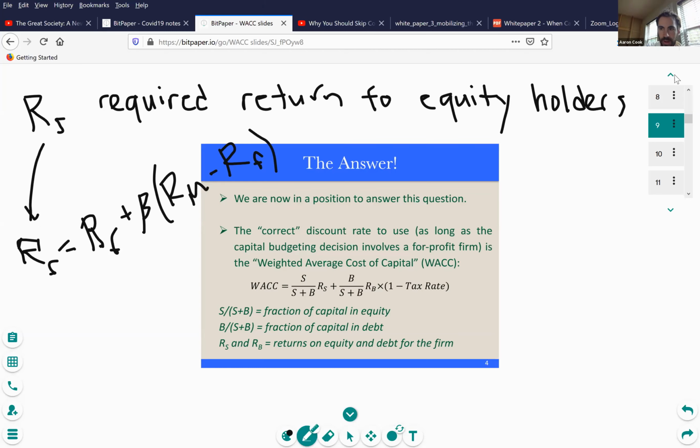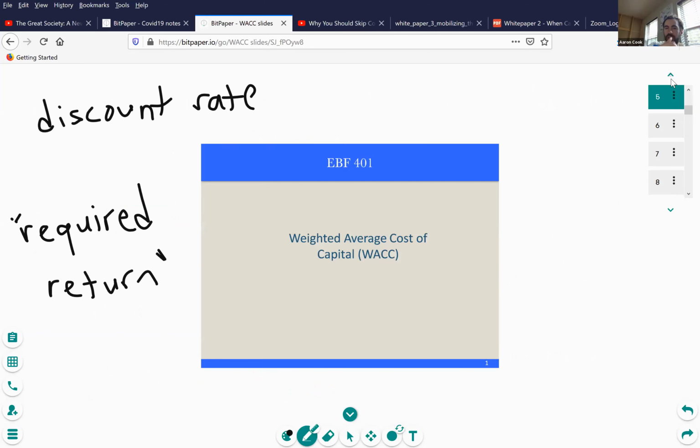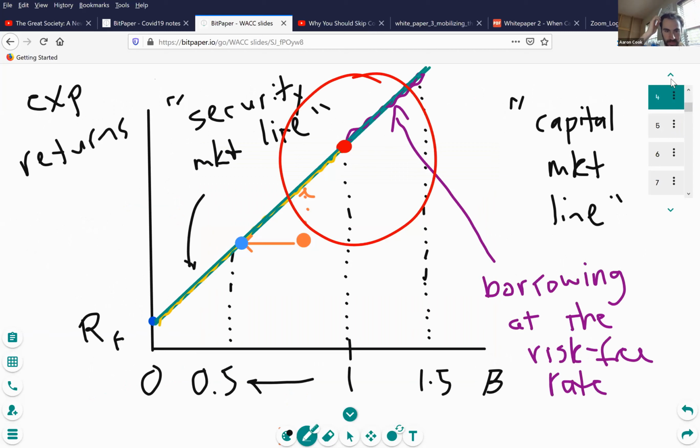So the required return on equity is the amount of return that you would need in order to tolerate a certain amount of risk.